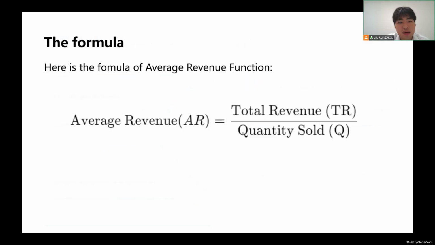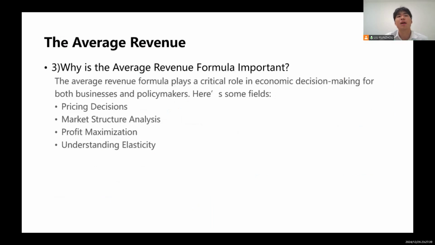And here is the formula of the average revenue function. We can know more about that from the formula. And why is the average revenue formula important? The average revenue formula plays a critical role in economic decision making for both business and policymakers. Here are some facts about average revenue.